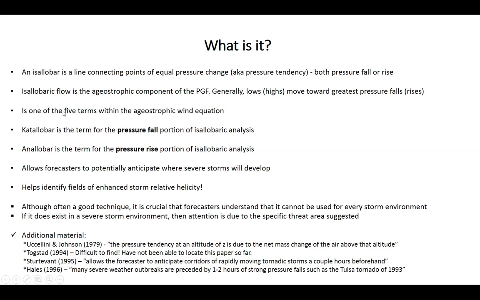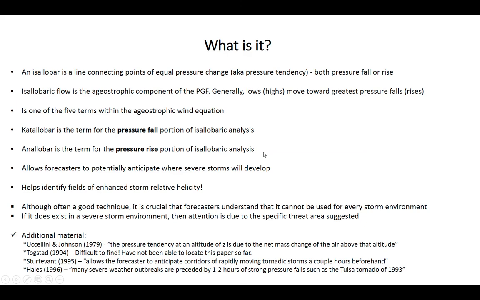Isallobaric flow is one of the five terms within the ageostrophic wind equation. You'll see this in a lot of meteorology texts, or if you go to school, obviously you'll see it in lecture for meteorology. Down here we'll see that a catallobar is the term for the pressure fall portion of isallobaric analysis, and an anallobar is the term for the pressure rise portion.